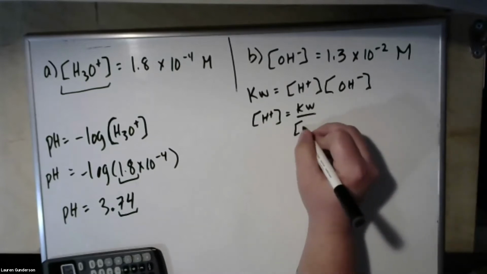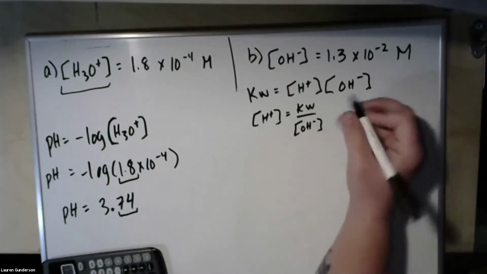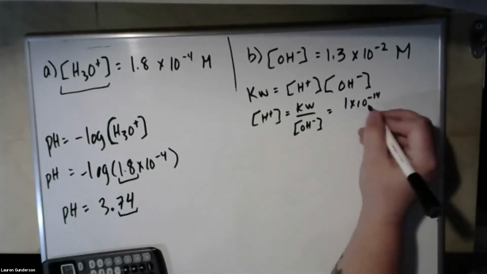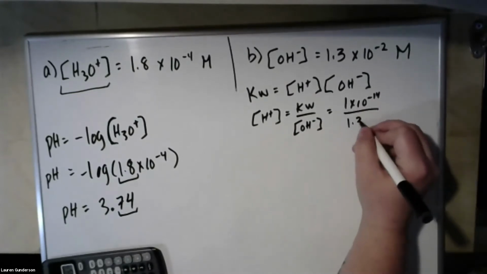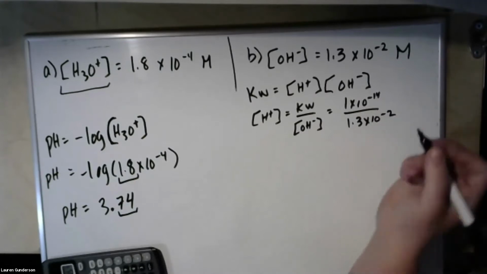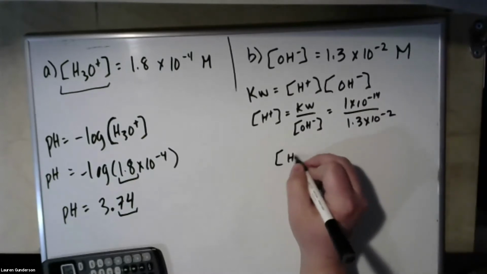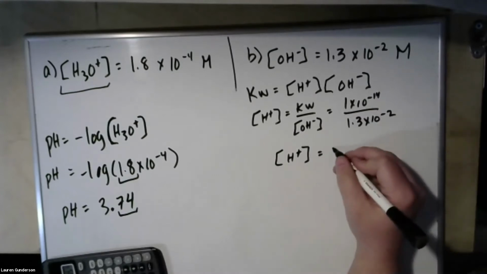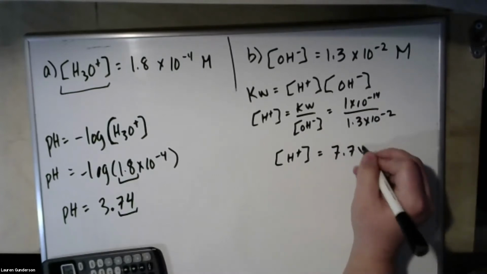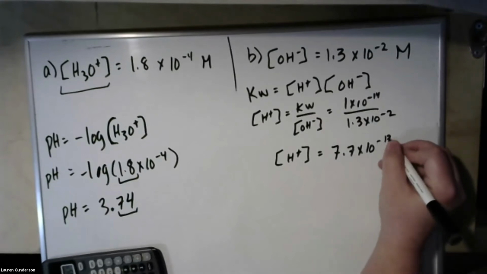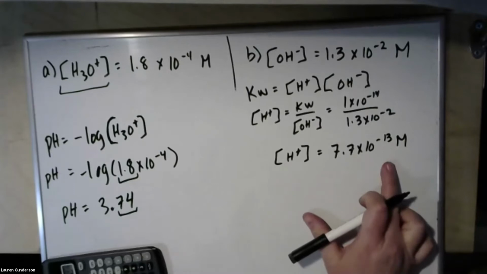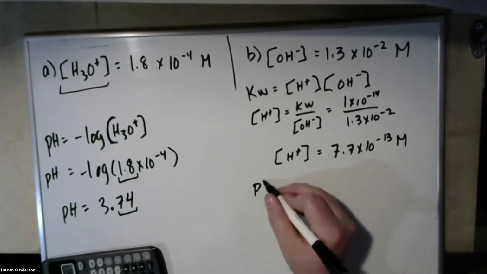Right, so this is just like what we did in the last problem. All right, once we have this hydrogen ion concentration, now we can find the pH.